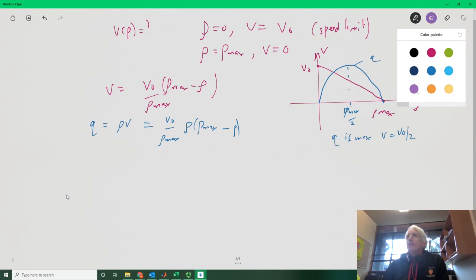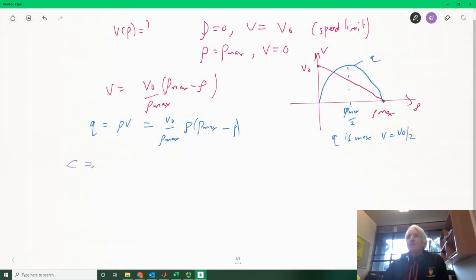And then finally, we've got c. So c is equal to, what did I say it was? v' times ρ plus v. So the derivative of v is going to be minus v naught over ρ max. So it's minus v naught ρ over ρ max, plus v, which is v naught over ρ max times (ρ max minus ρ).